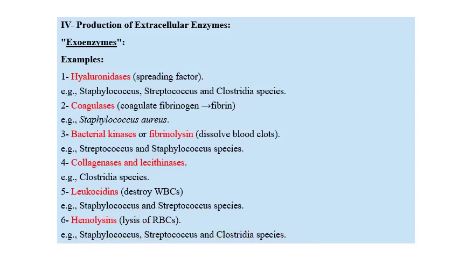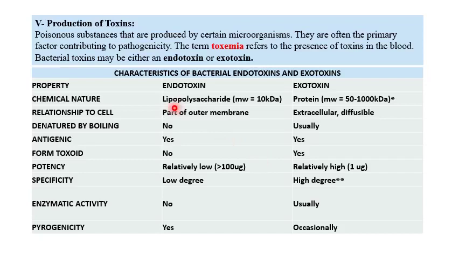Of course, these are some examples, and there can be more. Production of toxin. Of course, what is a toxin? These are poisonous substances that are produced by certain microorganisms. They are often the primary factor contributing to the pathogenicity.